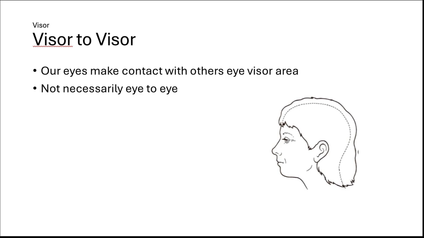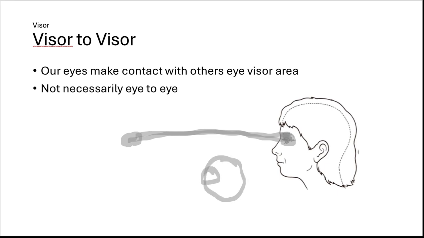The next thing is the visor area, where another person's eyes make contact with the visor area, but not directly eye to eye. I've discussed before that the technology programming the eyeball to look is not totally capable of looking into another person's eyes.